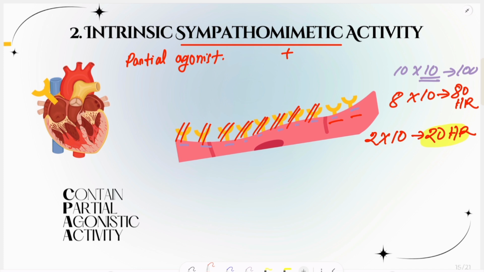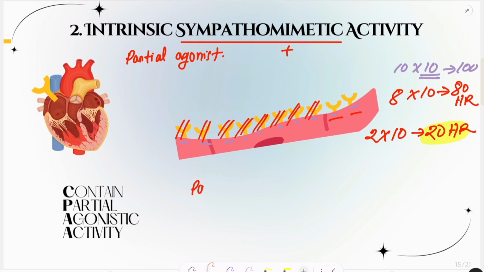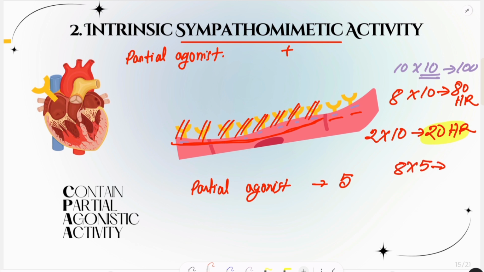Now here comes the solution, and the solution lies in a partial agonist. Suppose the partial agonist produces a heart rate of 5. So now these 8 receptors blocked by the partial agonist will produce 8 into 5, meaning 40 heart rate, and the free 2 receptors will produce 2 into 10, equal to 20 heart rate.